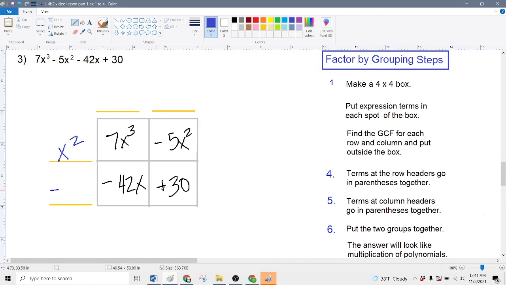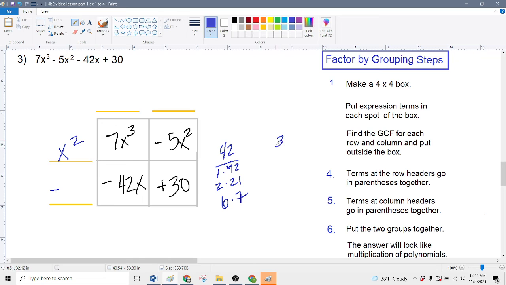What's the GCF between 42 and 30? Well, here's a good place to use your calculators to find that. You can also use factor tables or divide, but let's see if we can just make a couple of factor lists real quick. For 42, we've got 1 and 42, 2 and 21, 6 times 7.